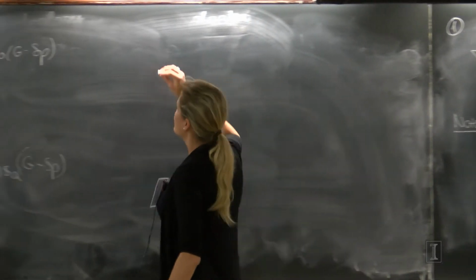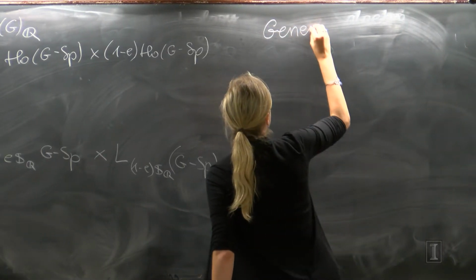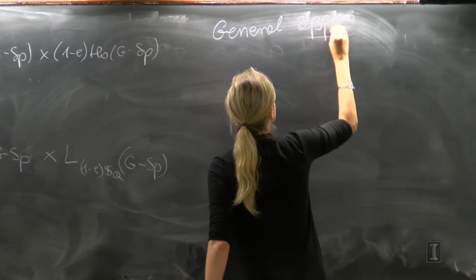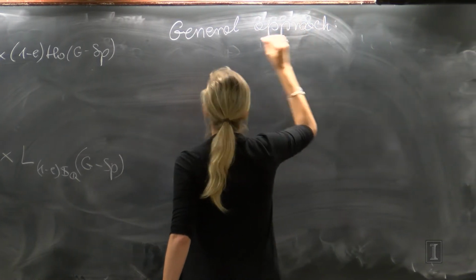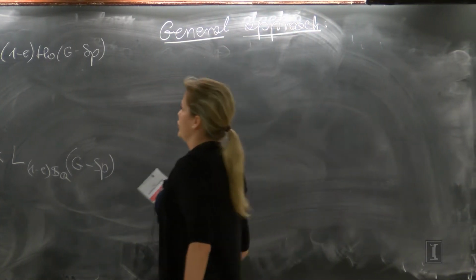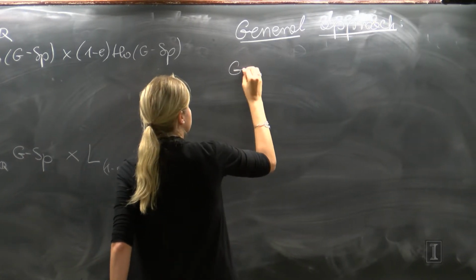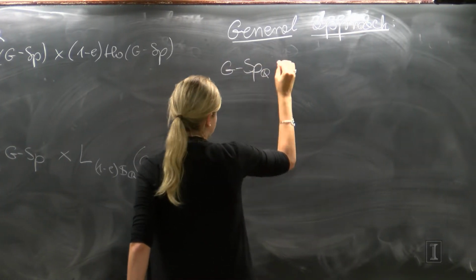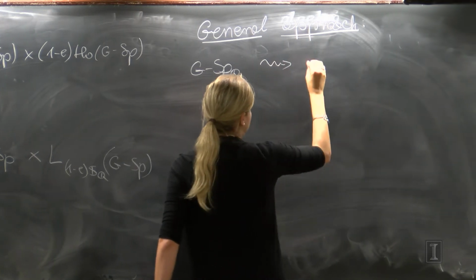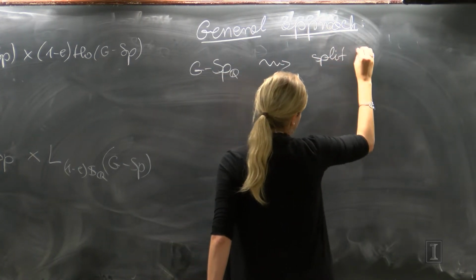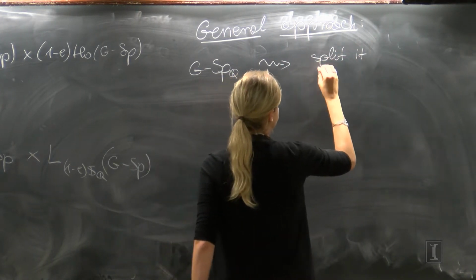So the general approach is to use the two tools that I have given you, so that you take the category of rational G-spectra. Well, you split it using the idempotents.